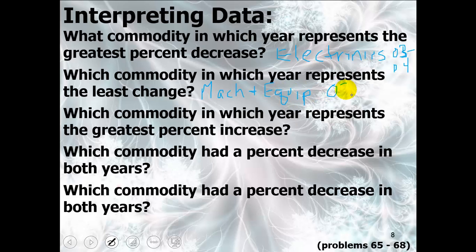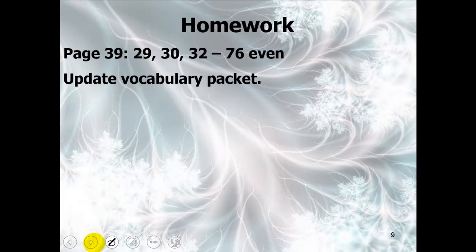Again, 03 and 04. Okay, I'm going to change my pen color. Which commodity in which year represents the greatest percent increase? Okay, so we need it to be positive, and we need the biggest positive number.